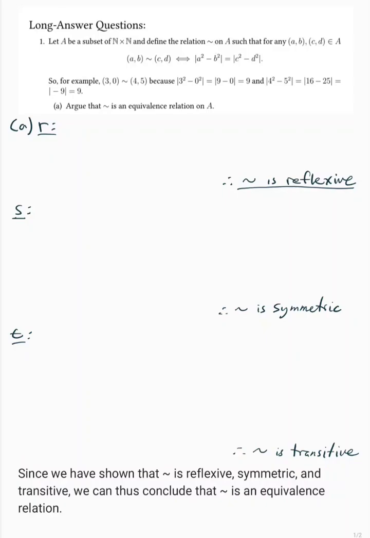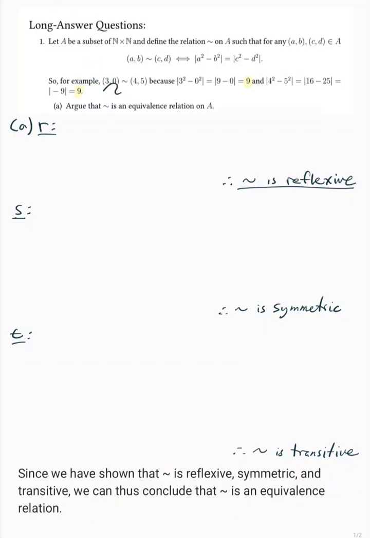So we can see in the example they give us that the pair (3, 0) would be related to the pair (4, 5) because they would both evaluate to 9 by the definition of the relation.